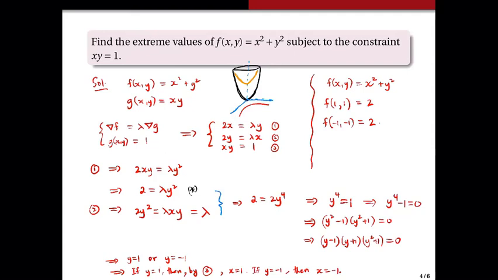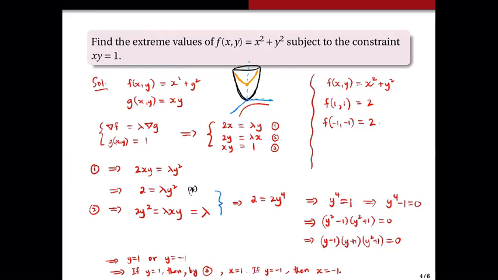Okay? And you can observe that this will be the lowest point. And it will only continue to increase. This guy here will just continue to increase. That's your f of 1, 1, which is equal to 2.